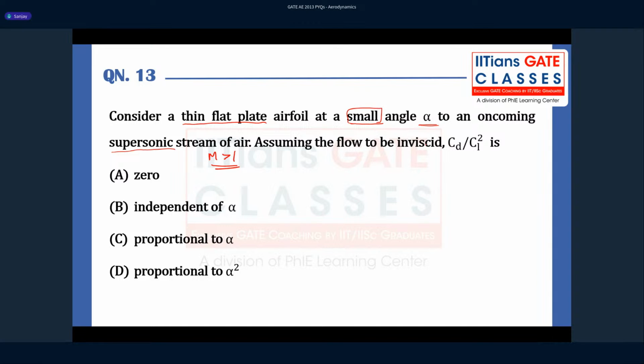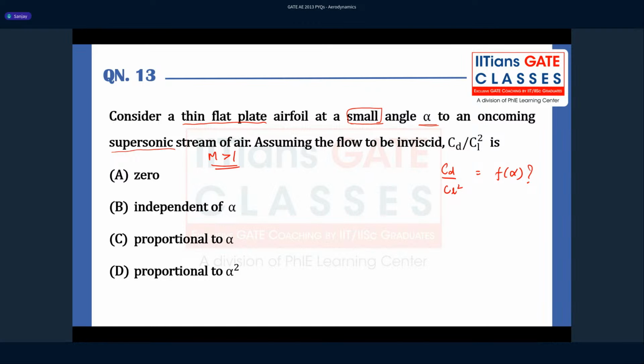Assuming the flow to be inviscid, CD by CL square is going to be what? So they're asking you this thing, CD by CL square, whether it is a function of your angle of attack or not. Okay, so this is what we have to find out in this question, right?